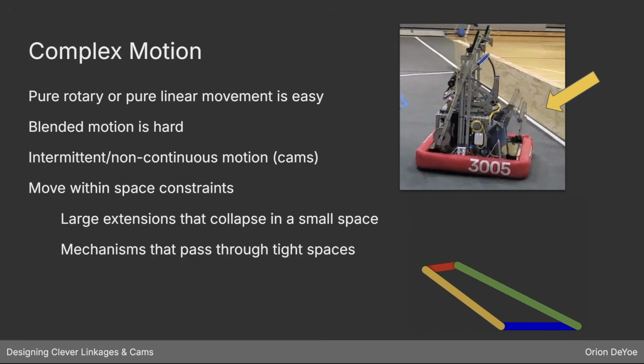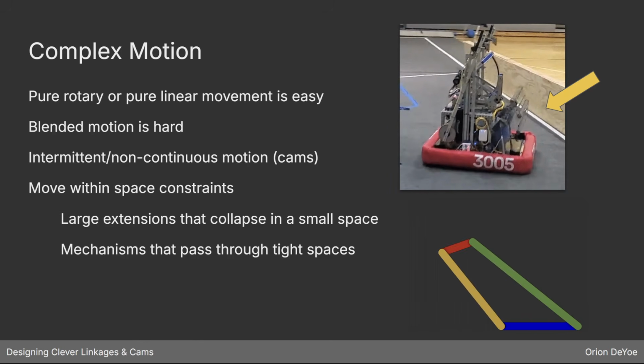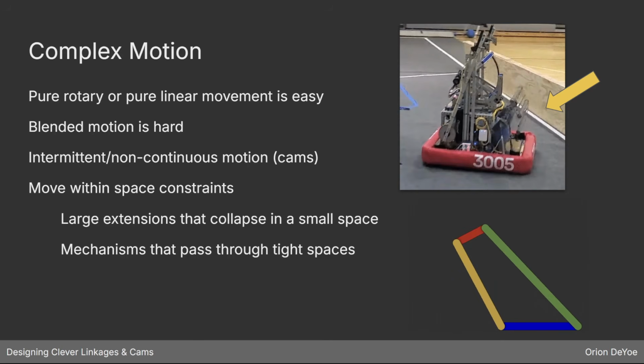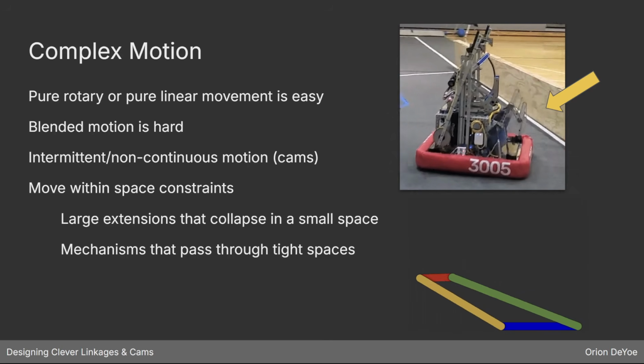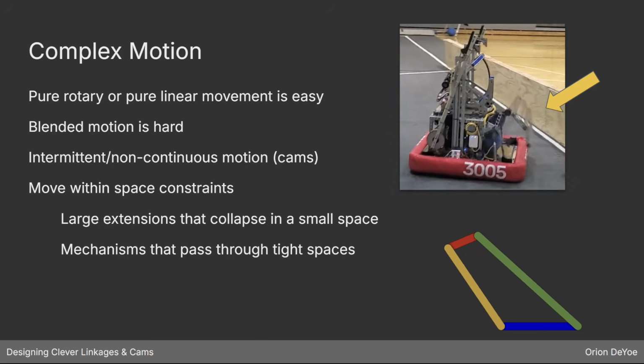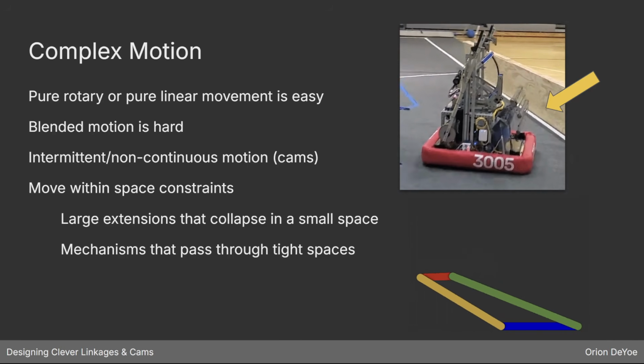Linkages and cams are also good for producing more complicated motion. Generally speaking, if you're just doing something that's a pure linear motion or a pure rotary motion, you don't necessarily need to use a linkage or a cam, especially if you don't need to relocate that motion.